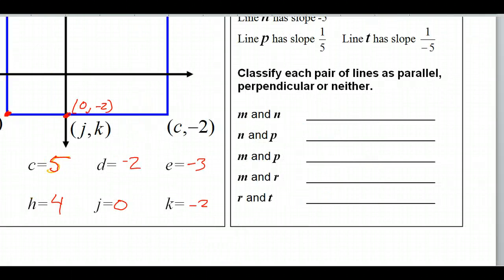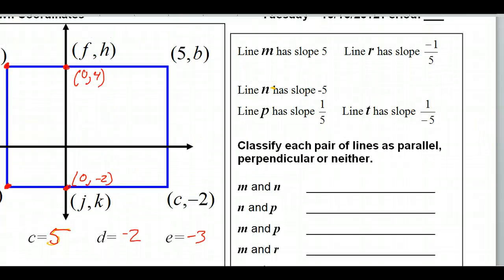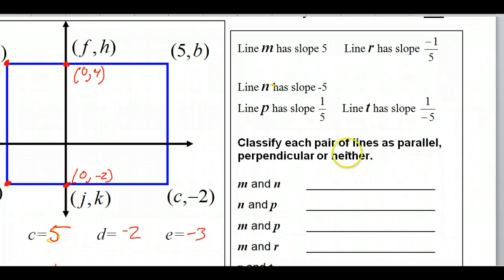I need you guys to be able to do what we're trying to do in this unit. I need you to be comfortable with something I've said before. If lines are parallel, I need you to know how their slopes look. If lines are perpendicular, I need you to know how their slopes look. Let's start with parallel.